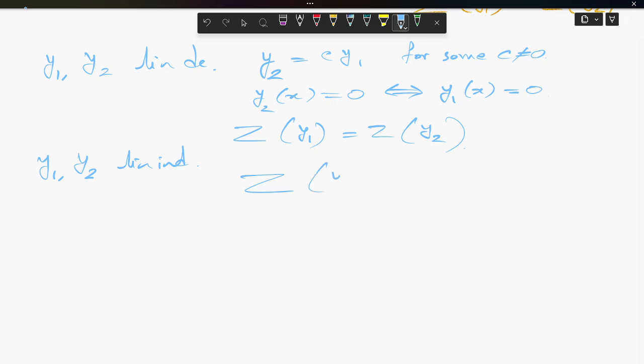So from this we can write the conclusion easily. For any two non-zero solutions y1 and y2, either Z(y1) equals Z(y2) if they are linearly dependent, or Z(y1) intersection Z(y2) equals empty set if they are linearly independent. Thus the statement is proven: for any two non-zero solutions y1 and y2, either Z(y1) equals Z(y2) or Z(y1) intersection Z(y2) equals empty set.